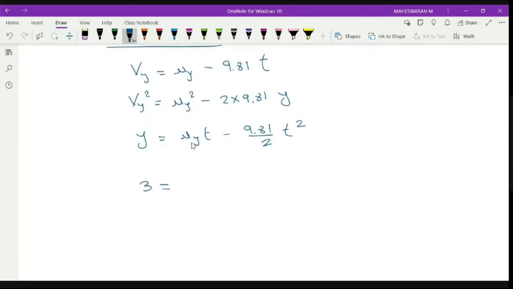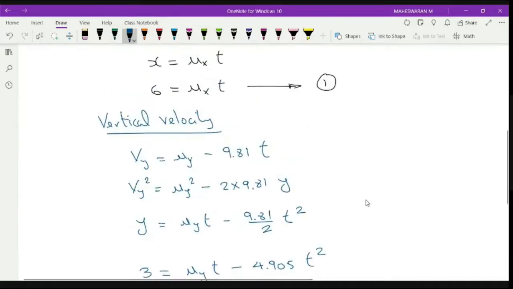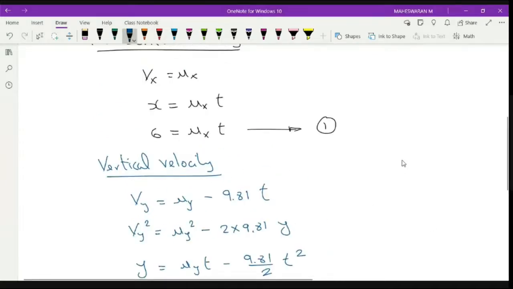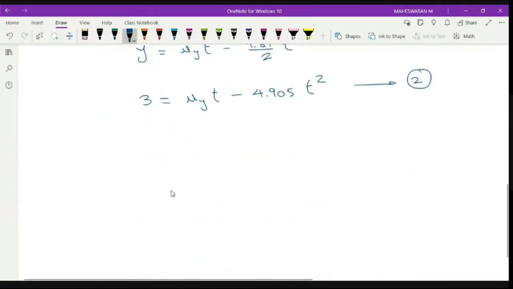So 3 is equal to UyT minus 4.905 T square. So this is another equation. Now I think we are stuck somewhere. What can we do now? Still, I am going to try something else with respect to equation 1. Let me go for equation 1 now.